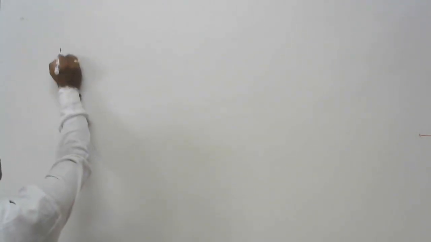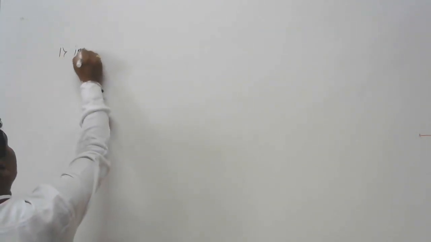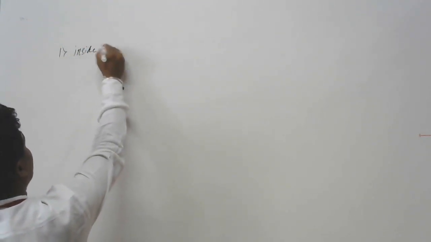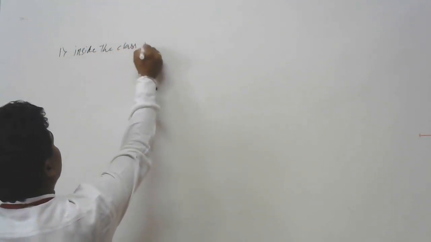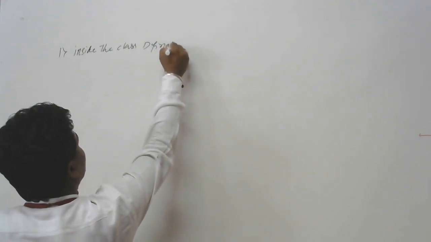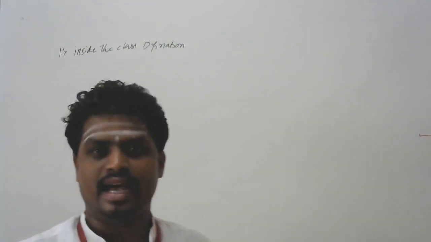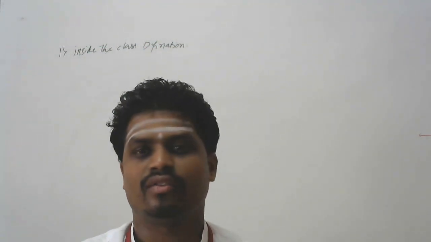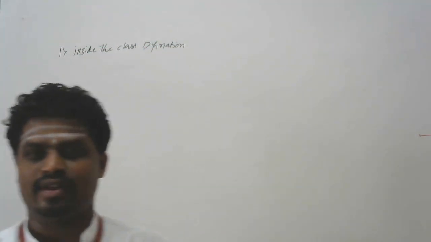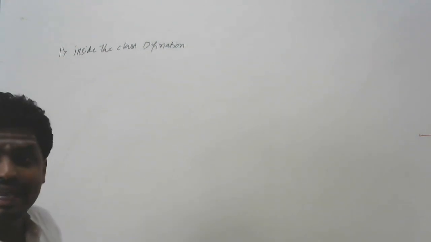The first member function way is inside the class definition. There are two ways to define a member function: one is inside the class definition, another is outside the class definition. First we will see inside the class definition.